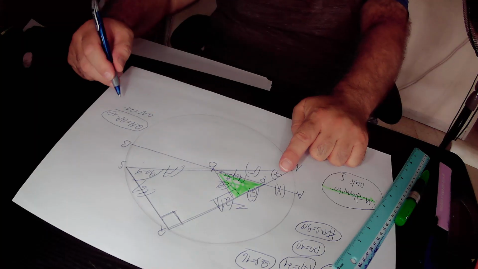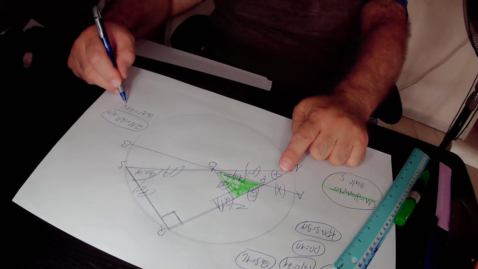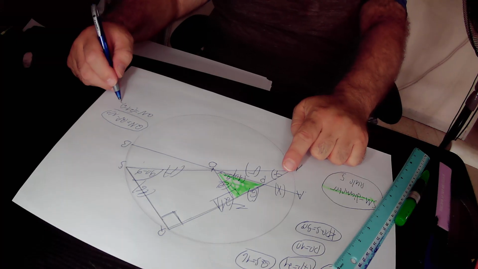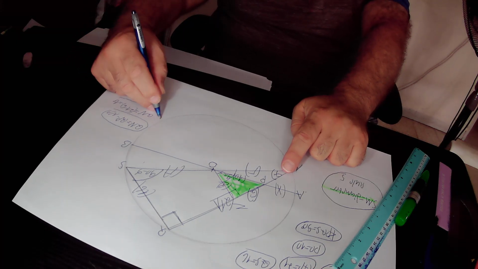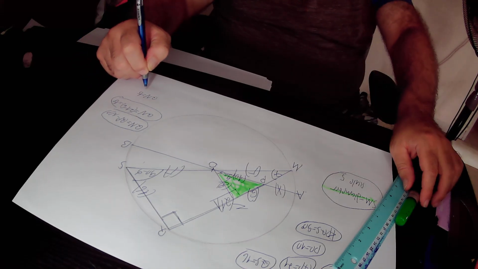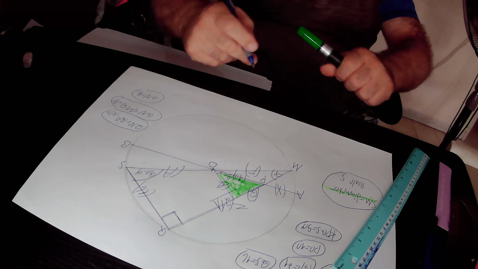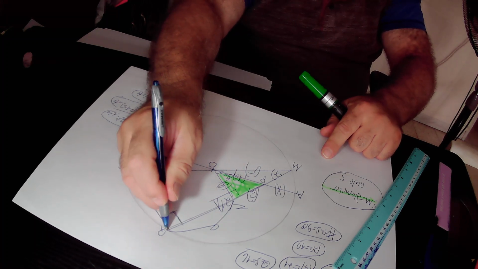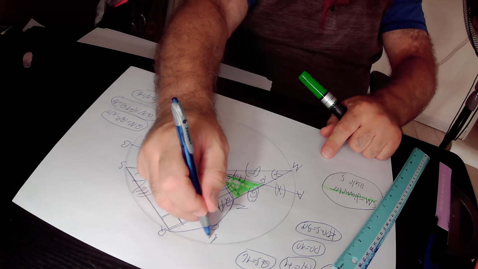NP equals 6 units, according to what we already found out. So in total QN equals 21 minus 6, that is 15. QN equals 15 units in length.